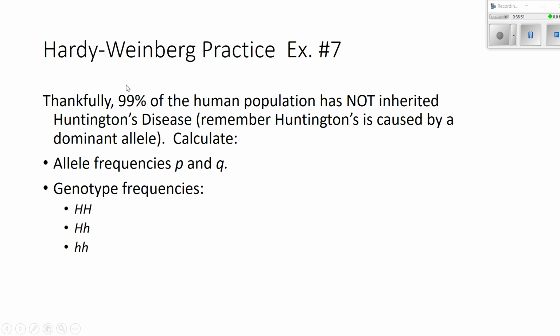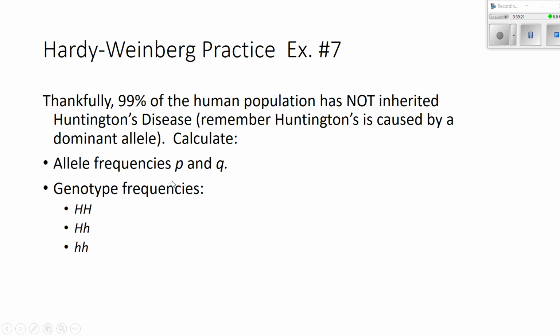Thankfully, at least 99% of the population has not inherited it, so we'll go off of that number. Remember, it's a dominant allele that causes this disease. So 99% would be the ones who have a big H for Huntington's, and that means 1% are little h.